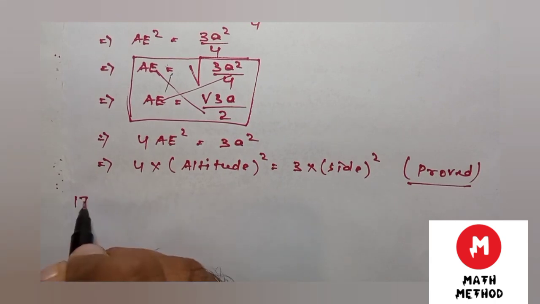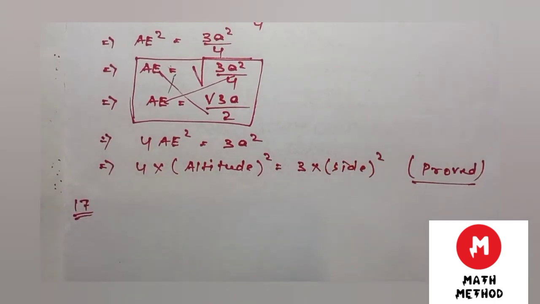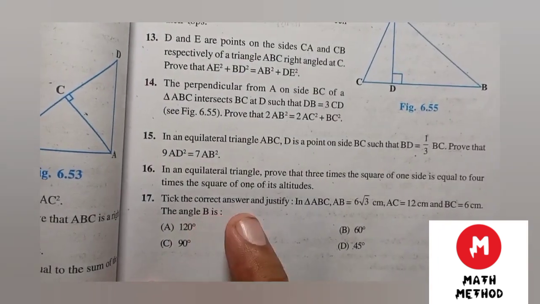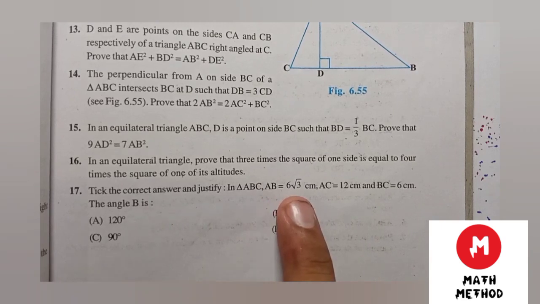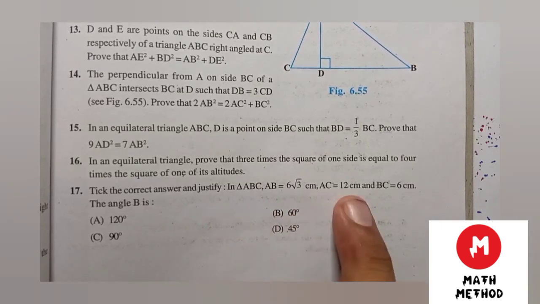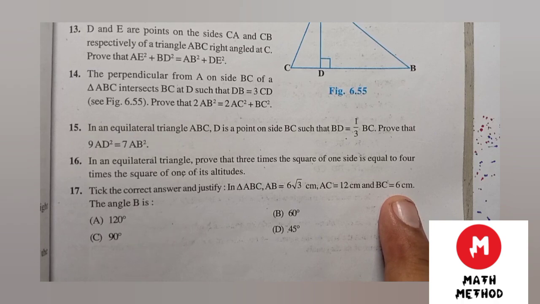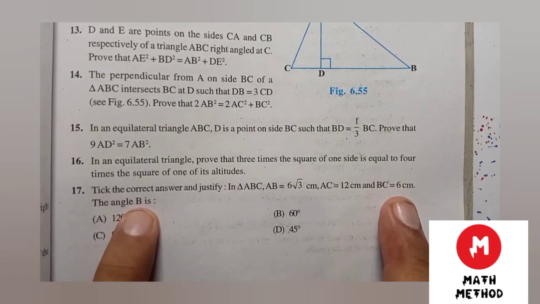Now question number 17. Here, choose the correct answer and justify. In triangle ABC, AB is equal to 6 root 3 cm, AC is equal to 12 cm, and BC is equal to 6 cm. Therefore the angle B will be.